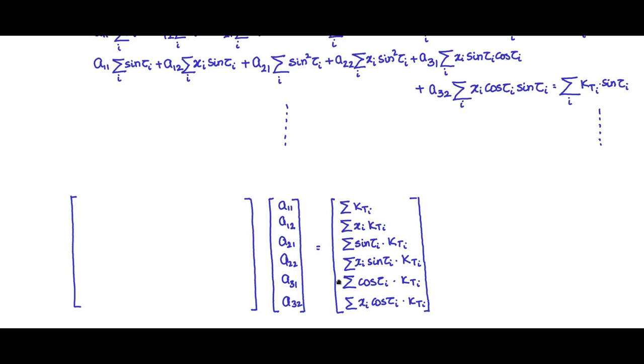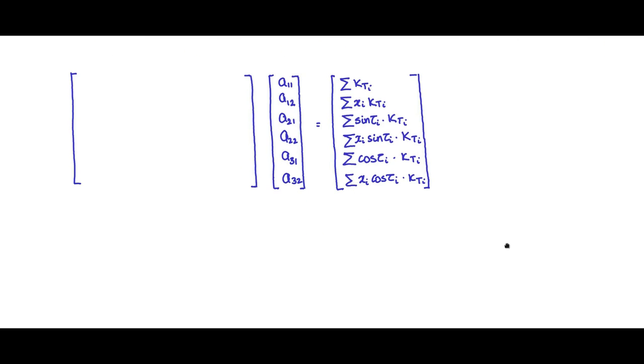And here this particular column vector can be calculated because we know kti, xi, sine tau y, and the only set of unknowns will be this column vector a11, a12, a21, a22, a31, a32, and you have 6 unknowns and 6 equations which you can calculate easily.